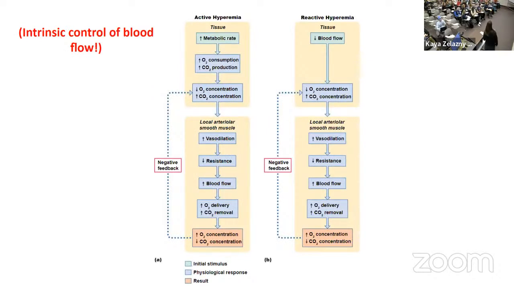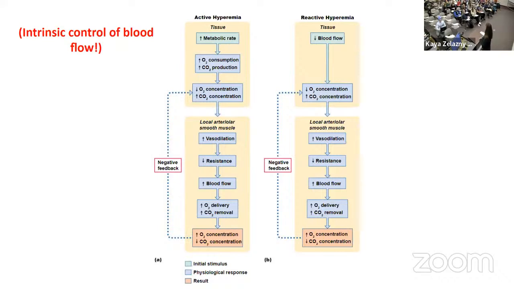So we were talking about how our blood vessels, our arterioles, tend to dilate to get more blood flow to tissue that is metabolically active, which we would be able to sense because we can see that there's low concentration of oxygen, high concentration of waste products like CO2, and that we have a similar situation if we think about what happens after we have a blood clot, after we have some type of compression.